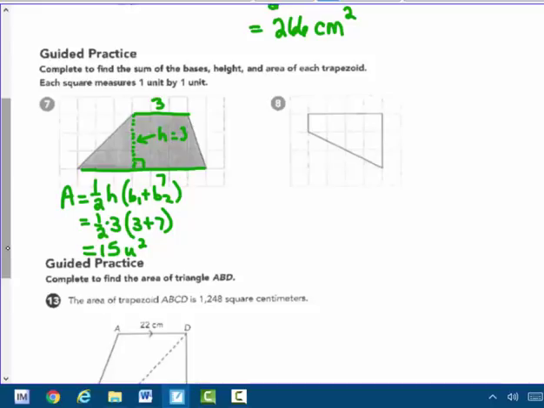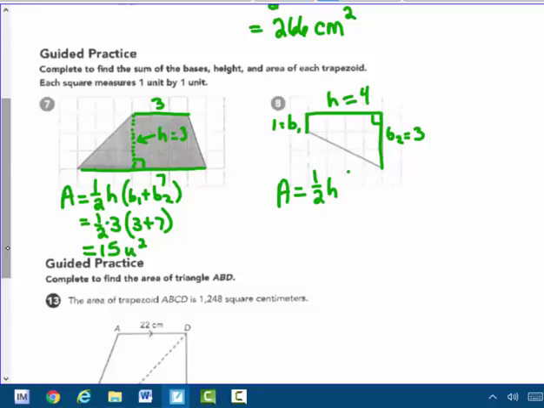Oh, where are the parallel sides? Well, that's one of them. That's one of the bases, which is 1. And the other base, this would be base 2, that's 3. So the perpendicular distance between these parallel sides is right there. It's actually the side of the trapezoid, and that's the height, which is 4 units. So I have all my information.